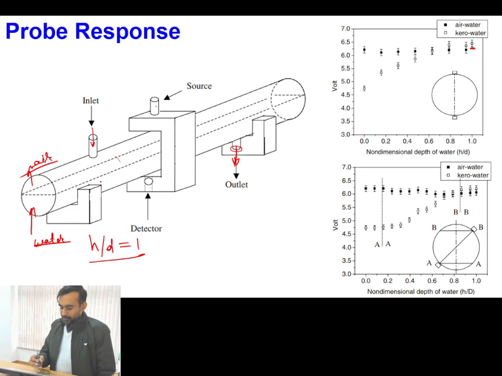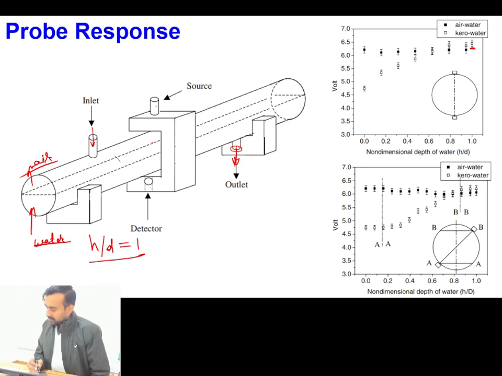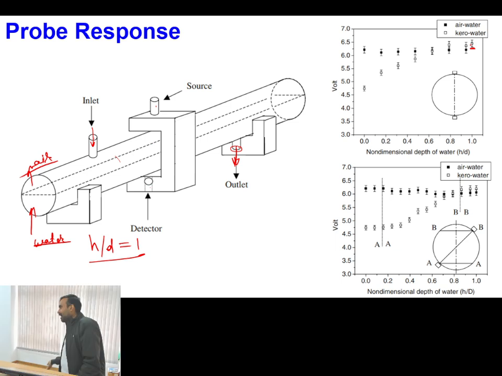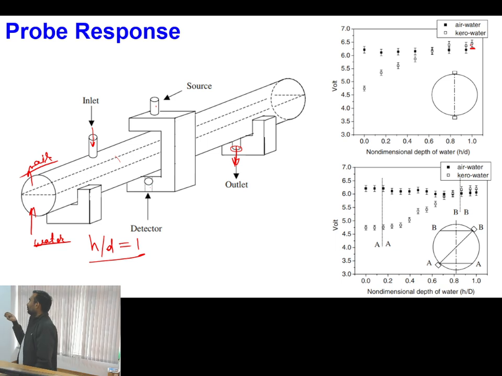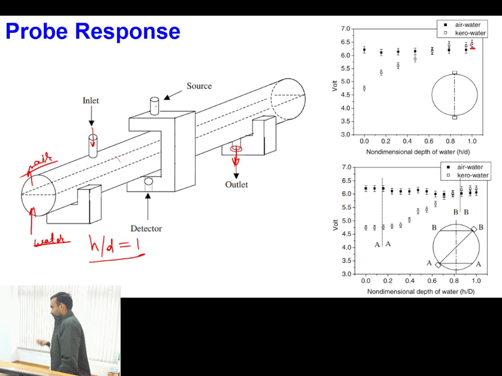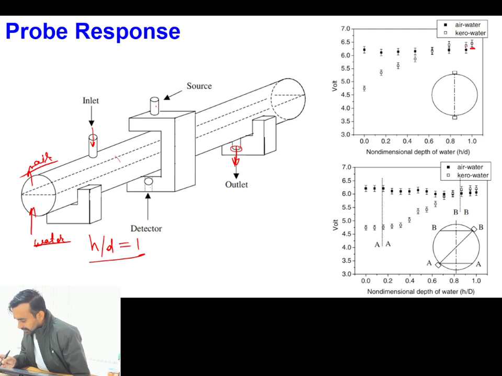Because of the air-water interface, we will have some reflection of the light. Because of the reflection and refraction, the light intensity we receive at the detector will decrease. Here you can see when the h by d ratio is decreased, this is the decrease of the signal for air-water.